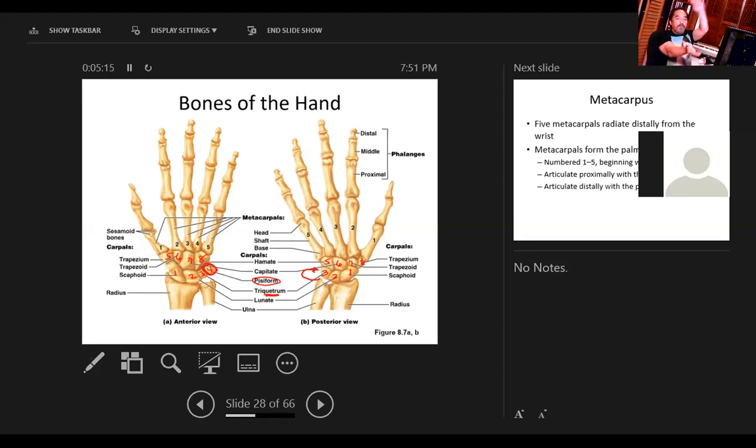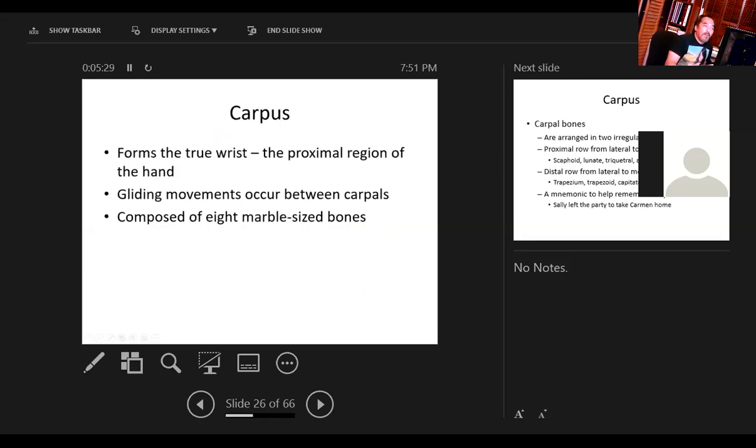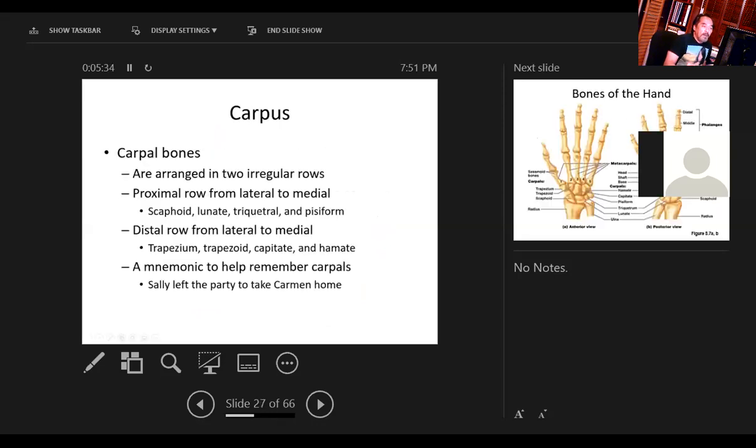The first one is "Sally left the party." That's not the name of the bone. It's a mnemonic for identifying the different carpal bones. Again, Sally left the party, lateral to medial, thumb to pinky.